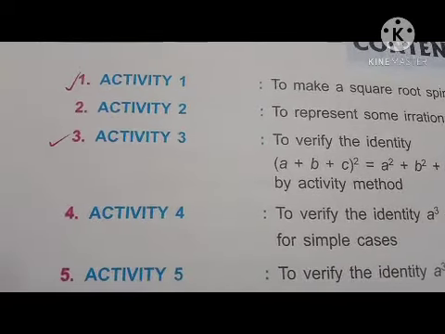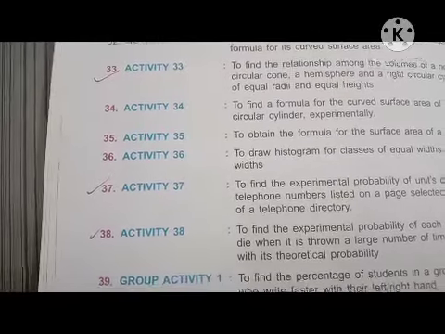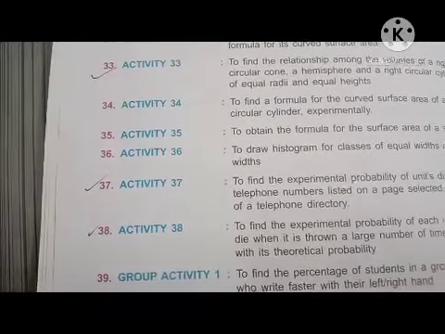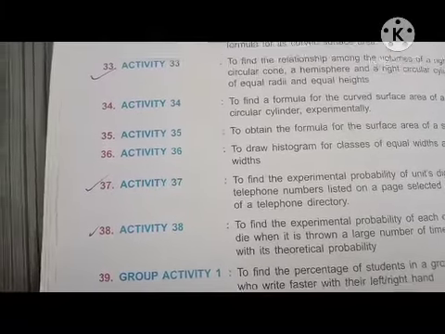Activity 21 is your activity 5. Activity 27 is your activity 6 in your record. Okay, you have to write that 27 as activity 6. Activity 33 is your activity 7. Activity 37 is your activity 8. Then activity 38 is your activity 9.